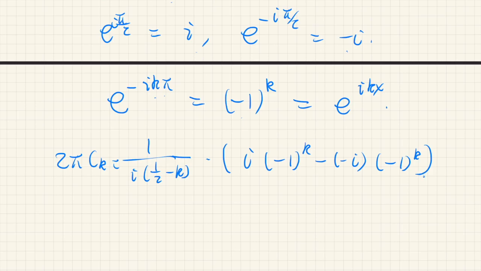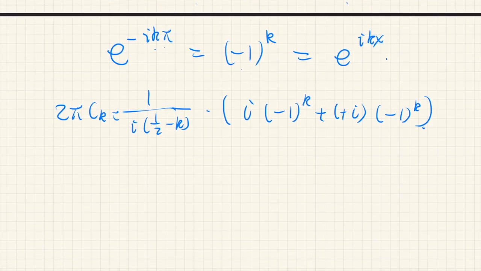And this. So these negative signs cancel, and this i, they cancel, and we have 2, this, and 1 over 2 minus k.